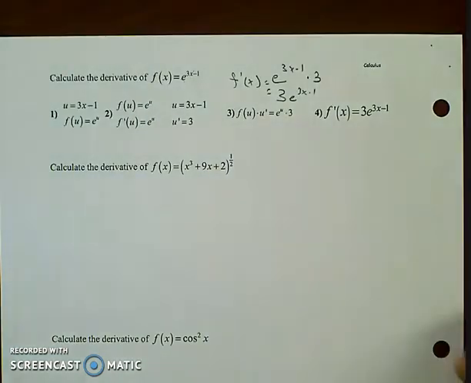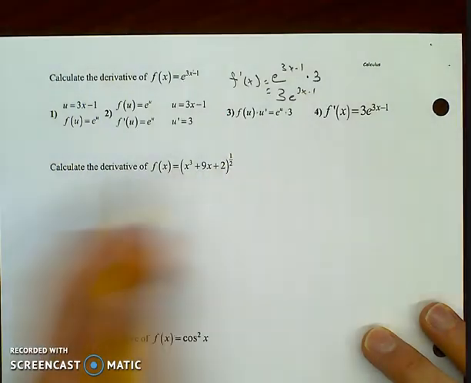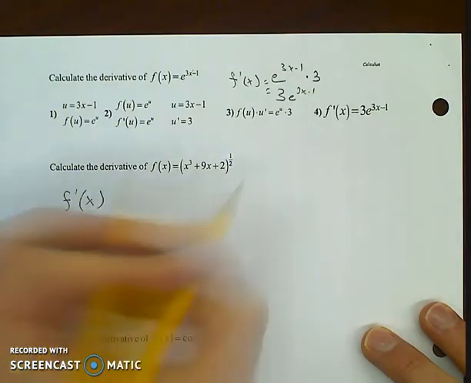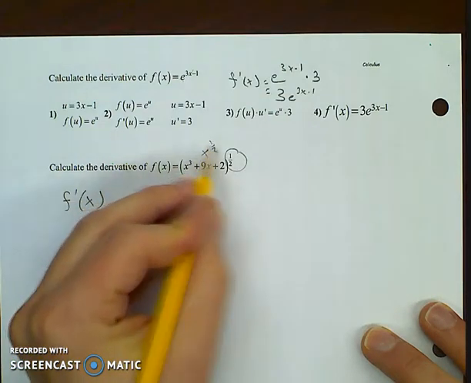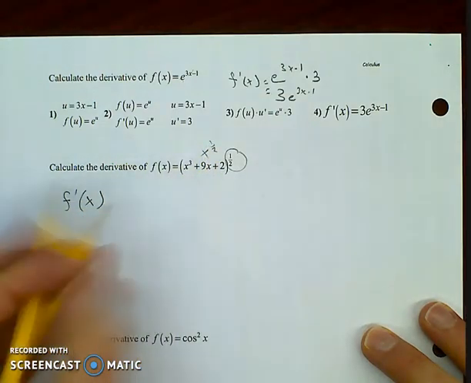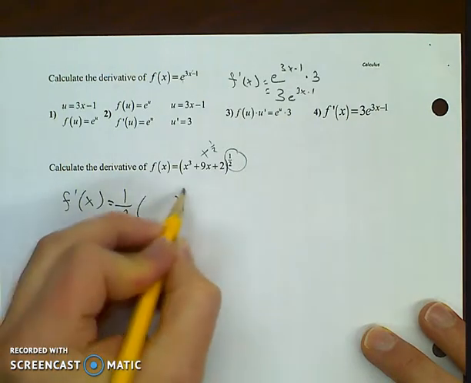So let's look at the next two examples here. The derivative of the outside, so we know it's really x to the 1/2. So the derivative of that is 1/2, and then something to the negative 1/2.